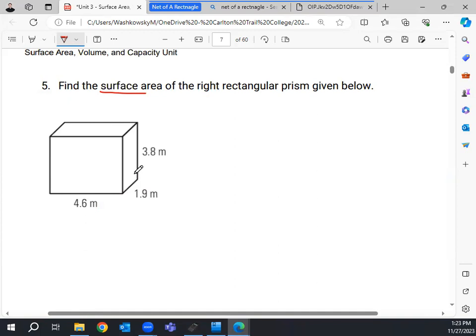Right now, we are all holding a rectangular prism.